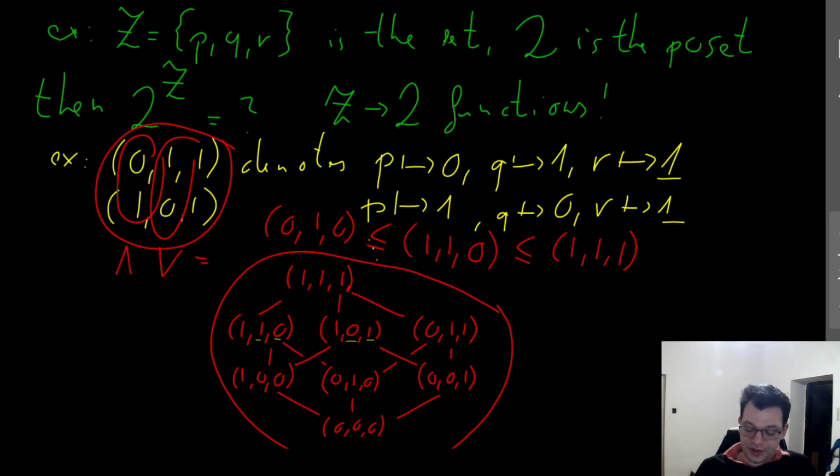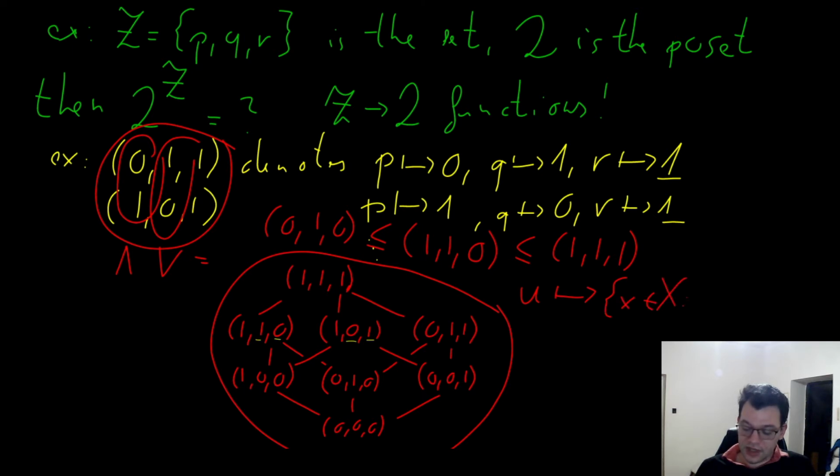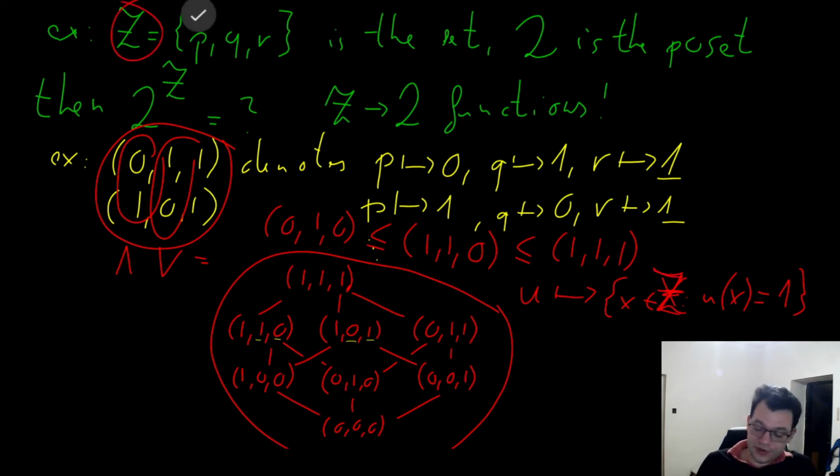So for example, if I have a function, then I can just map it to a set, say x in X, for which u(x) is 1, or z if you used this set of variables.